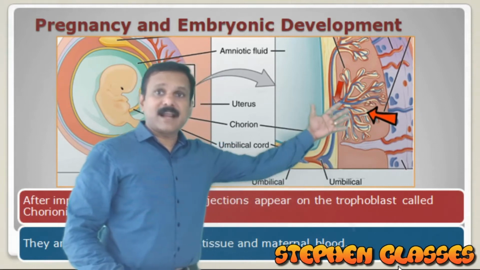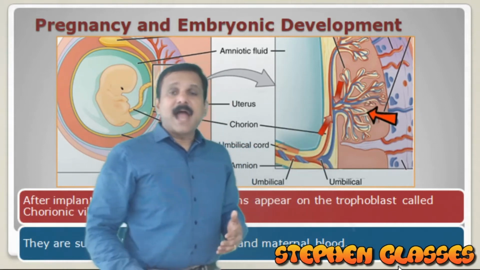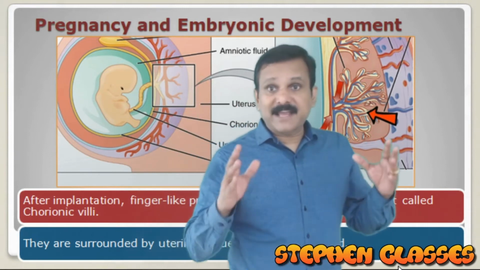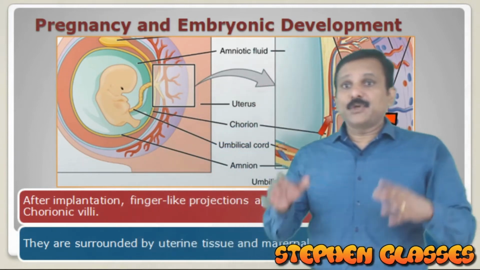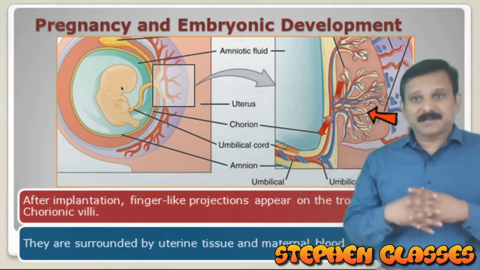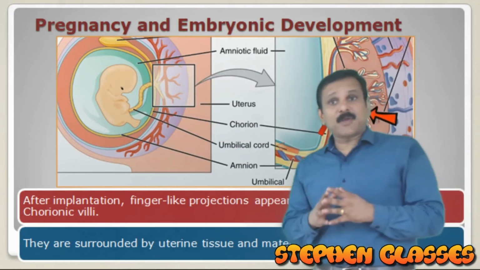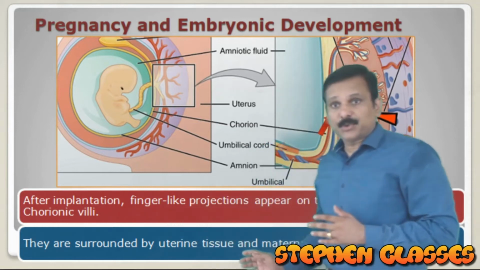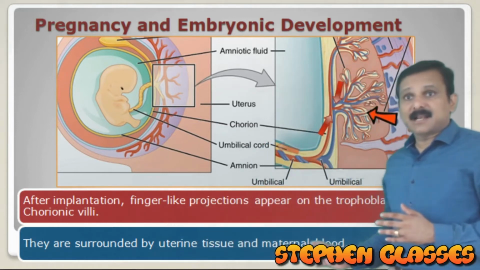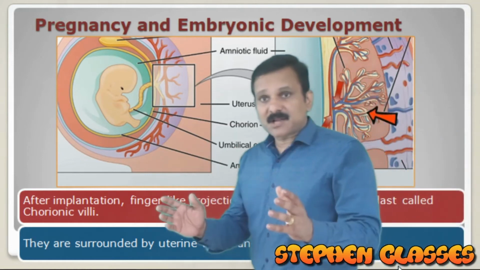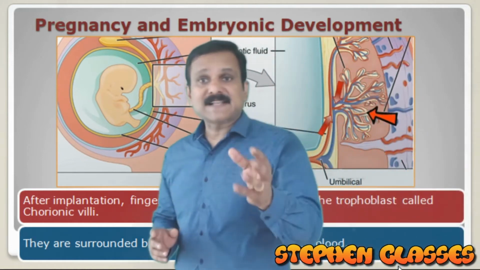These finger-like projections will be getting surrounded by the uterine tissue as well as the maternal blood, and now this structure will form the placenta.